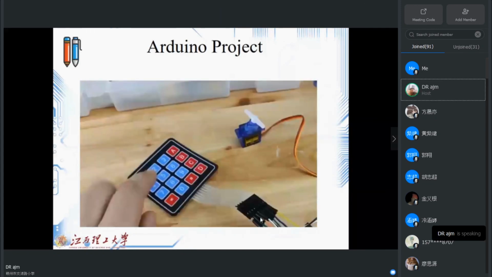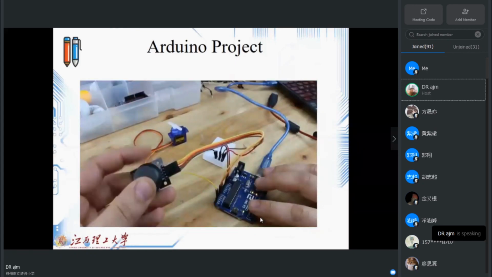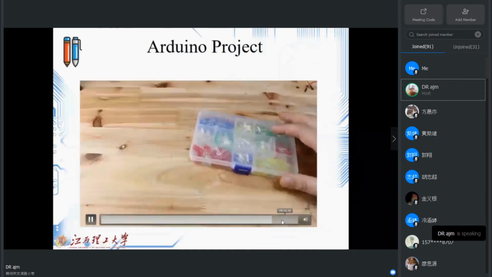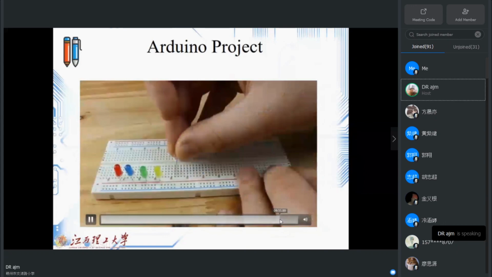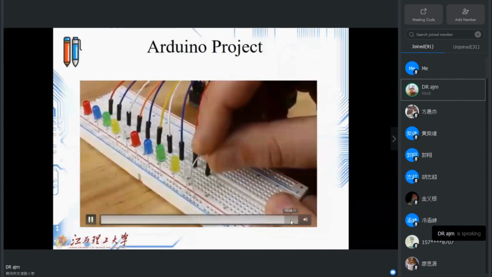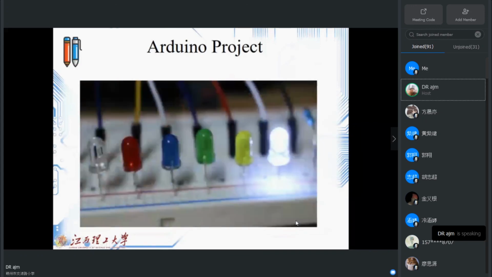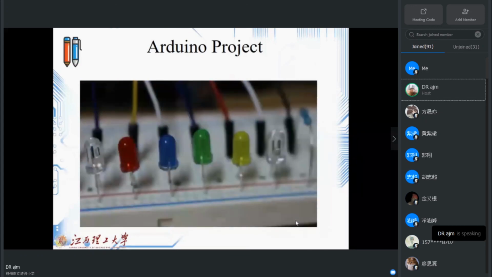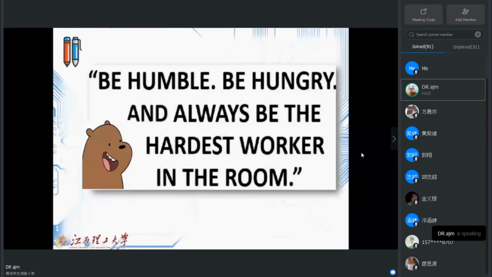Maybe you can have a joystick for controlling. You see, this is the analog reading. Then you need some LEDs. This job we have done before, and I just bring it for you to see the values. Okay, those were some projects that people also do with the Arduino.